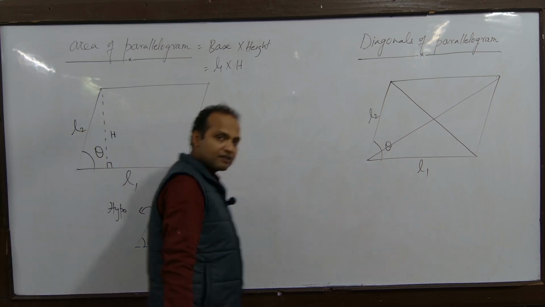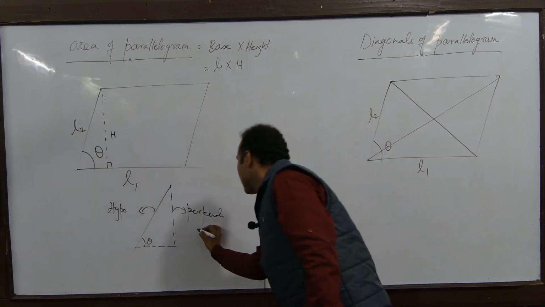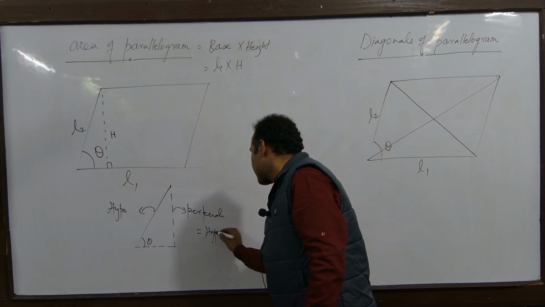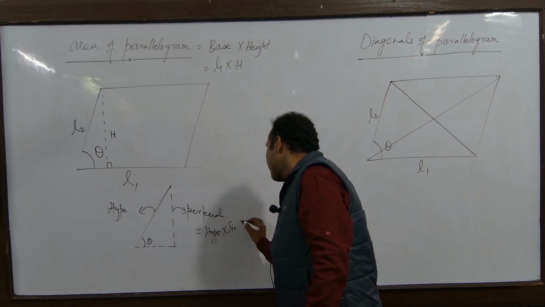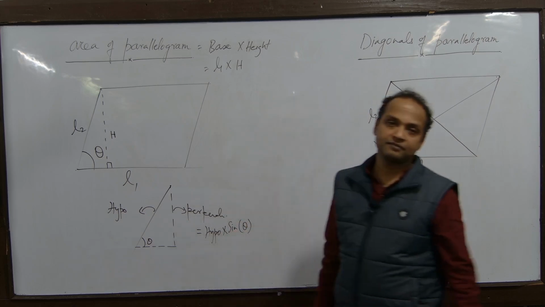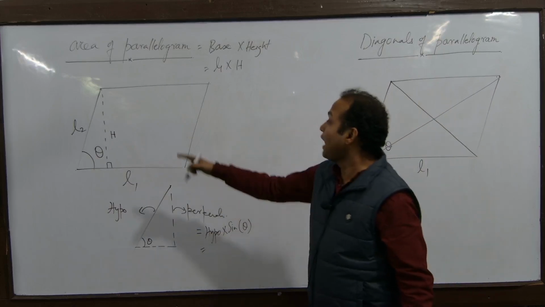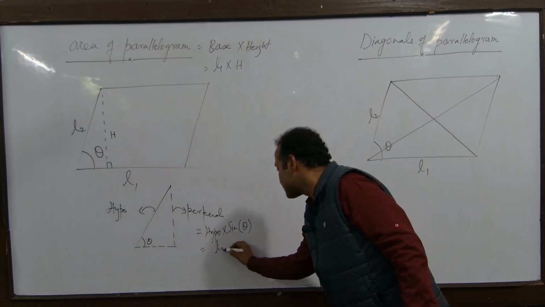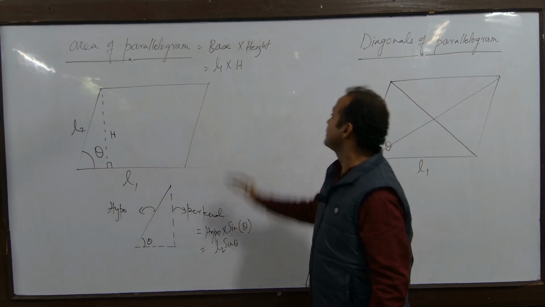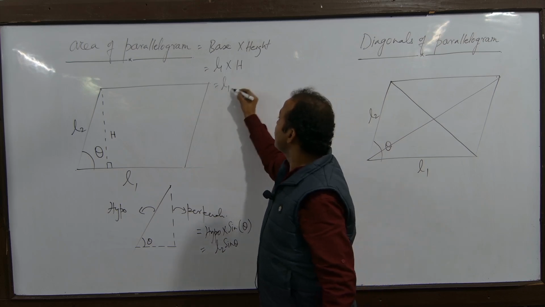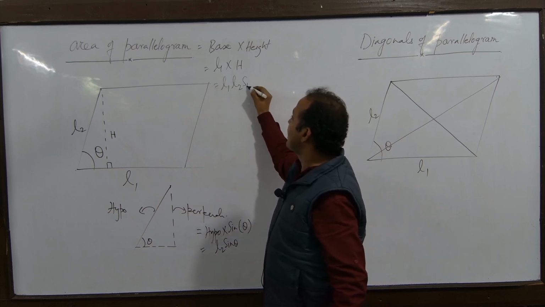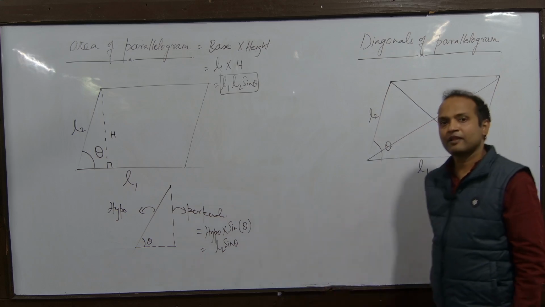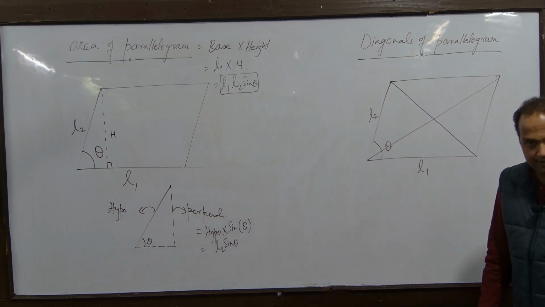You know that perpendicular is nothing but hypotenuse times sine of angle. What is hypotenuse? Hypotenuse for this triangle is L2. So perpendicular is L2 sine theta, and the area is L1 into L2 sine theta. This is the area. You can remember this result.